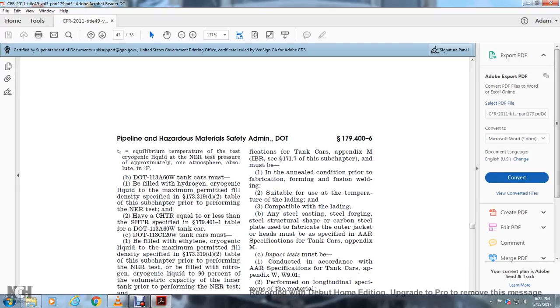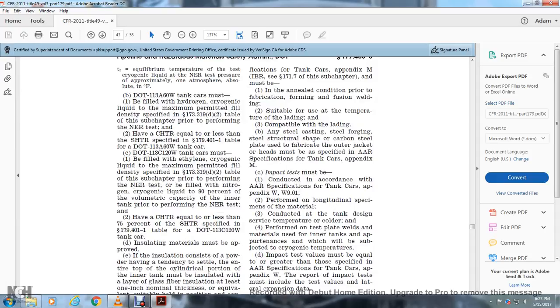111A60W tank. DOT 113A60W and 113C120W tanks must be filled with hydrogen cryogenic liquid at the maximum permitted fill density with 173.319(d)(2) with the table in the subchapter prior to performing the normal evaporation rate testing, available with nitrogen cryogenic liquid at 90% of the volumetric capacity.